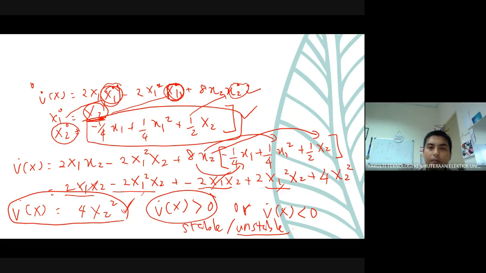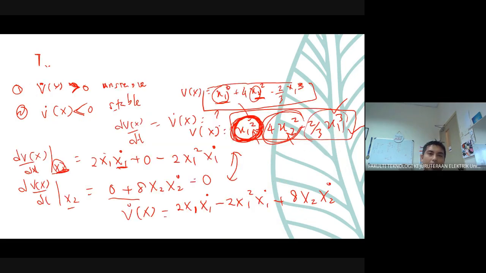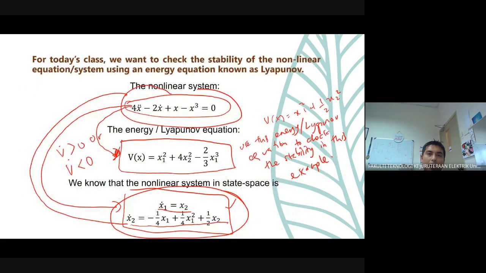Okay. So, as a conclusion, we can say that this is the nonlinear system. Okay. And then we can test the stability by using the Lyapunov equation, or we can say by using the energy equation.